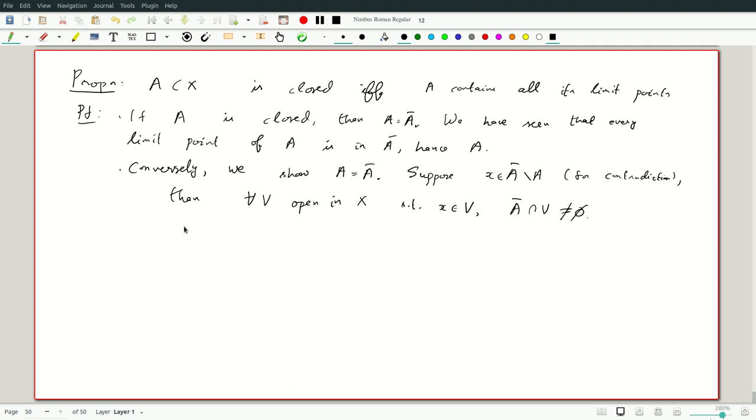This is the definition of a limit point, that the set intersects every neighborhood of this point.